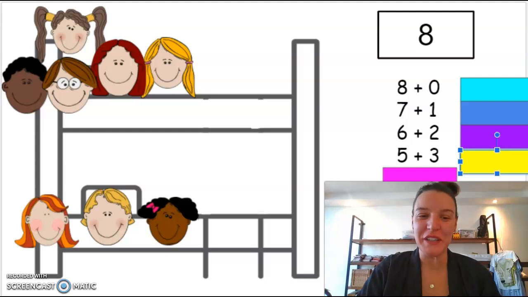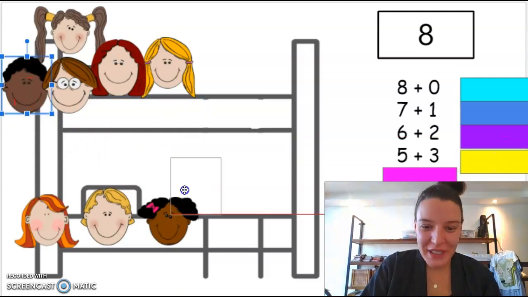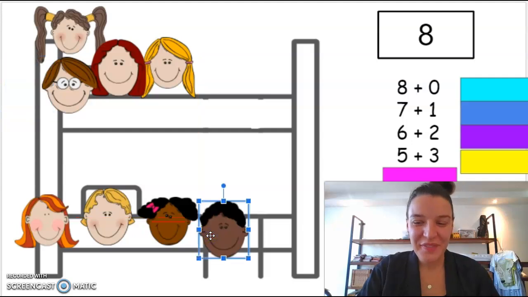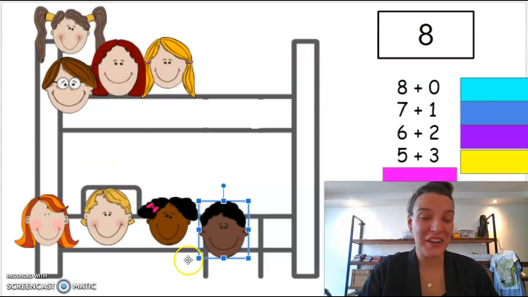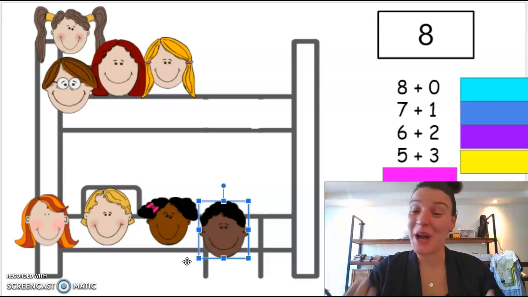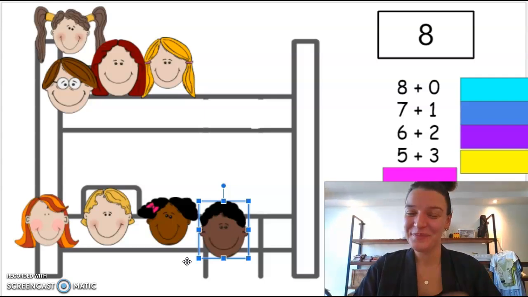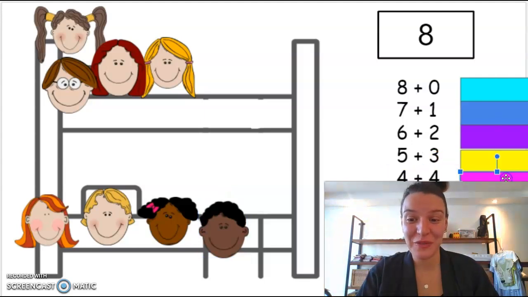I'm going to continue moving the friends. I'm going to grab this one. I'm going to bring him down. Now we have a new combination again. We have 4 and 4. This is how our story starts, with 4 on the top and 4 on the bottom. We can use a number sentence, 4 plus 4.